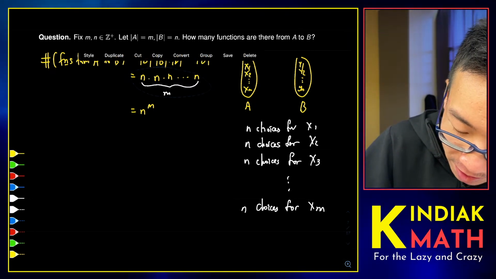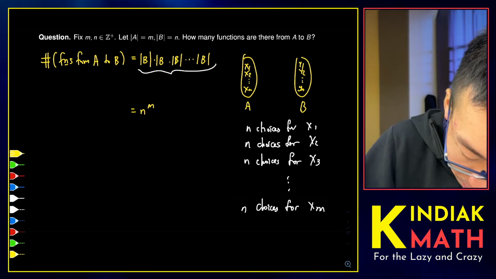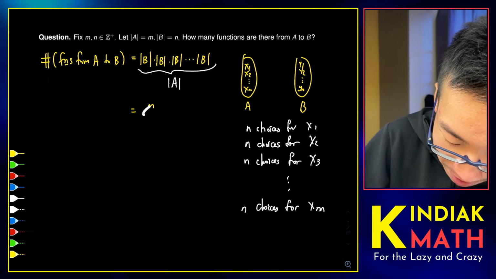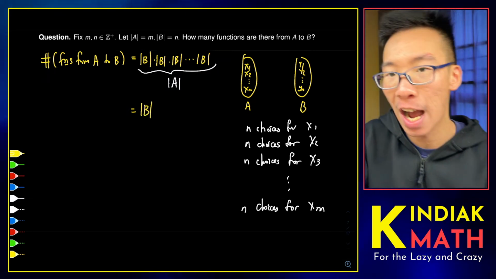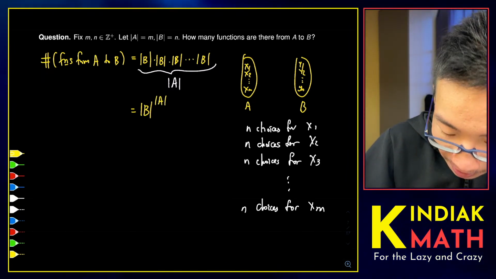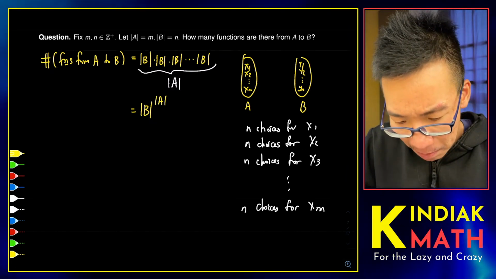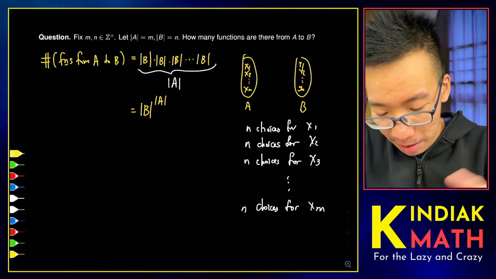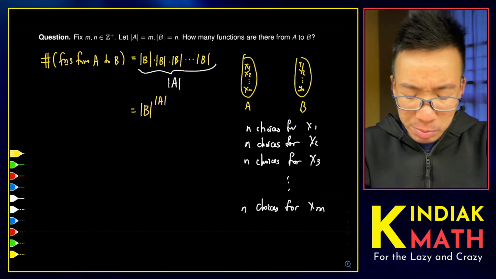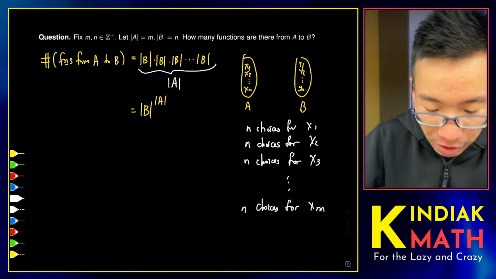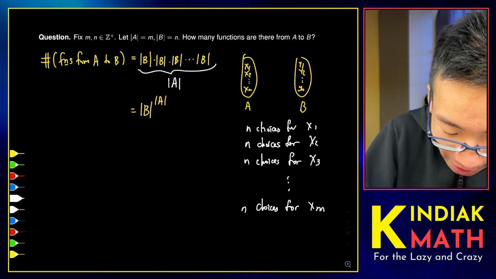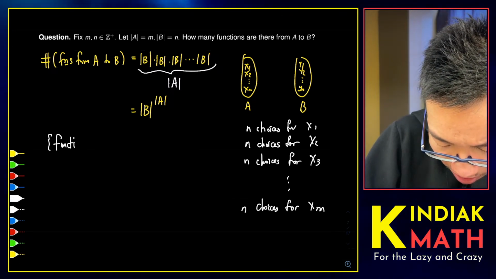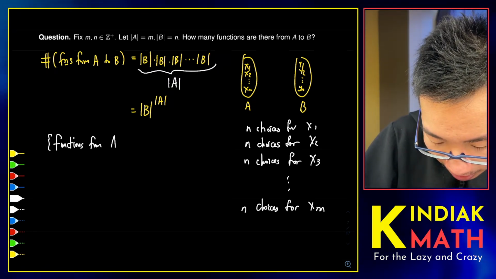Well, the number of inputs in A. So this would be the number of inputs in A. And what this means is that we're going to multiply the cardinality of B by itself |A| times. And what that means is that we can actually, and I've seen this notation before, consider the set of functions from A to B.